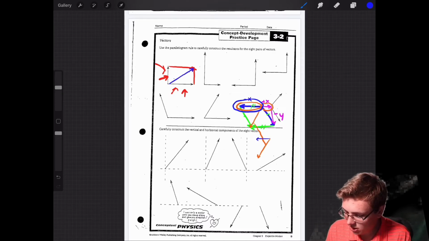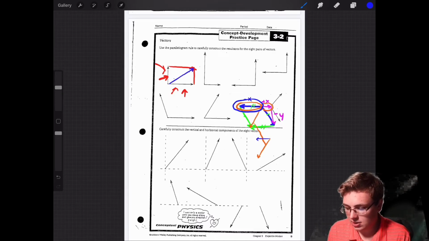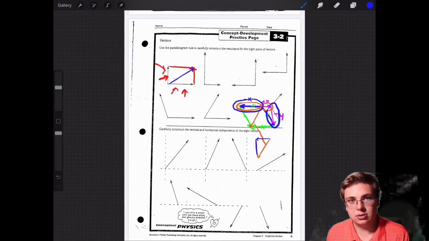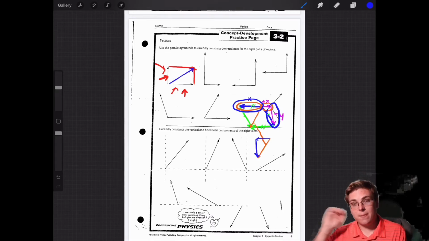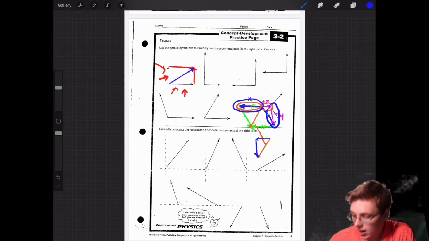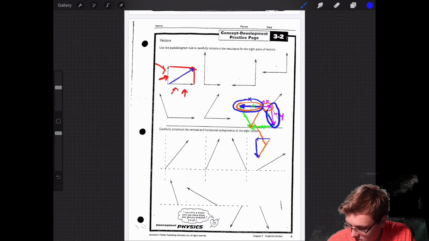We better see our components less than this x, because it's subtracted. Is it less than that x? Yeah, that's less than that x. And then you better see it matching the y component right there, because there's no other y. Is that what we see? Sure is.